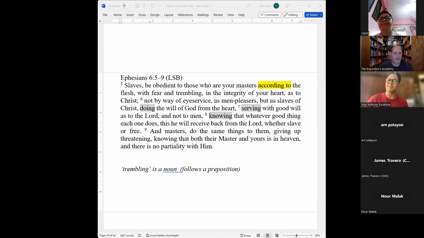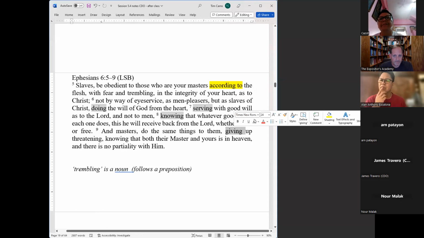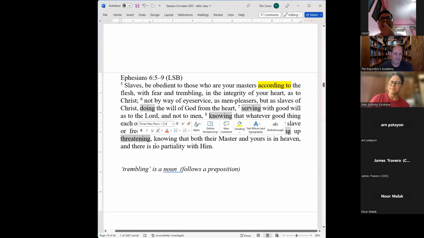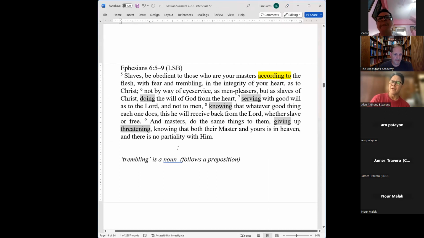Threatening. Okay, so giving is one. Now, threatening is different. Threatening is the object of giving up. Threatening here is actually a noun. Knowing, yes, knowing is a participle. That's all. That's it.